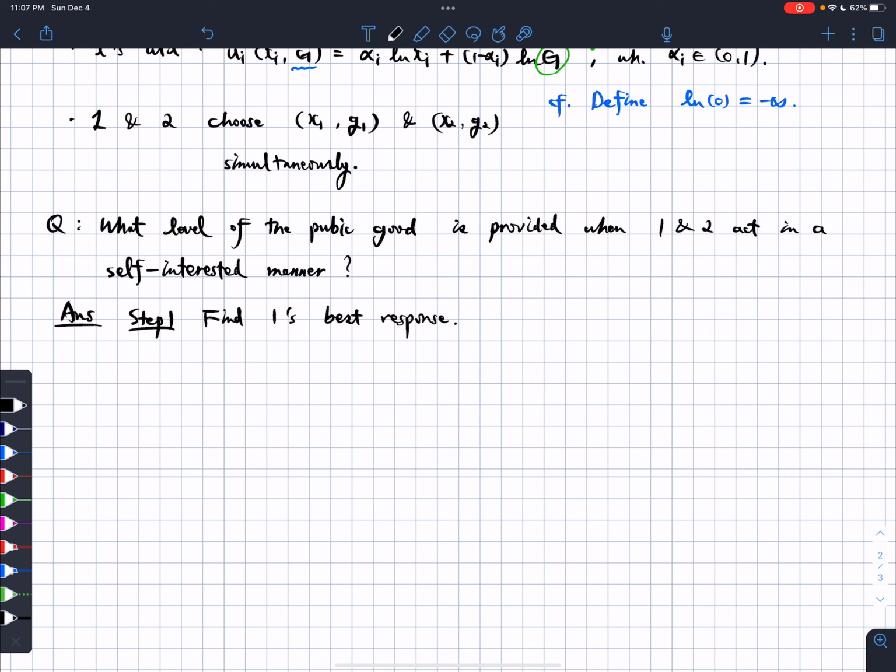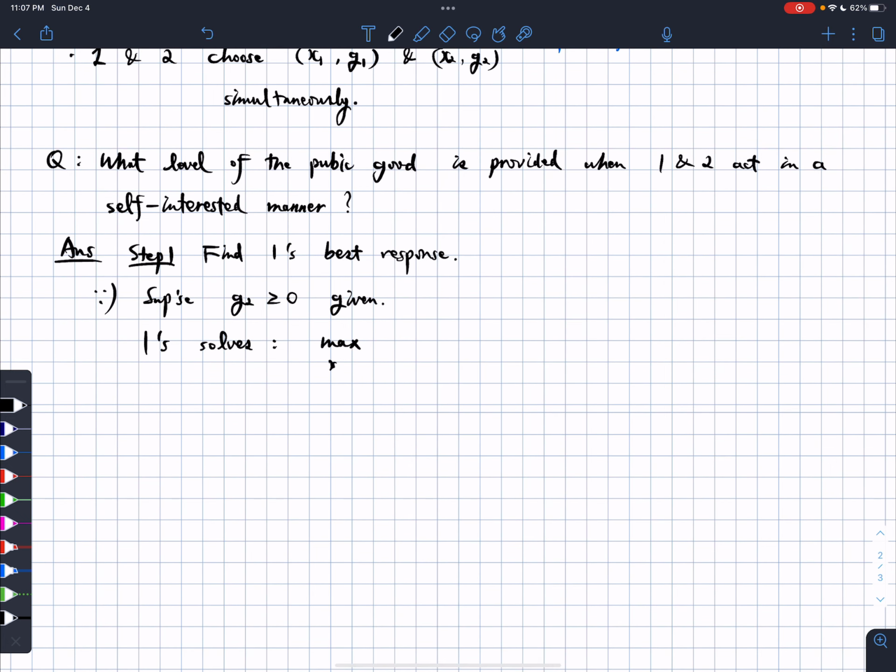So suppose from player one's perspective, there's some g2 that is given to player one, right? Suppose some g2 is given. Now, player one should solve the following.